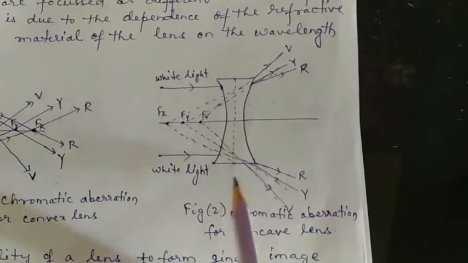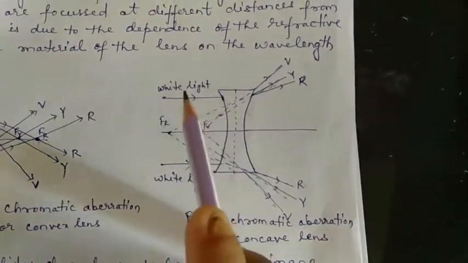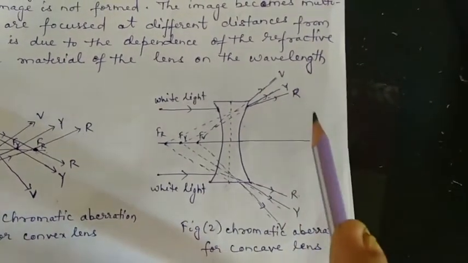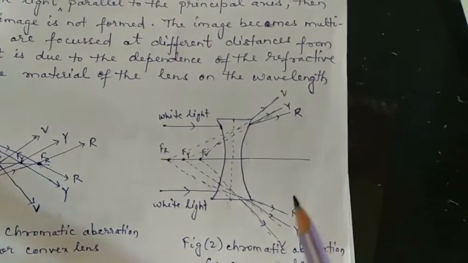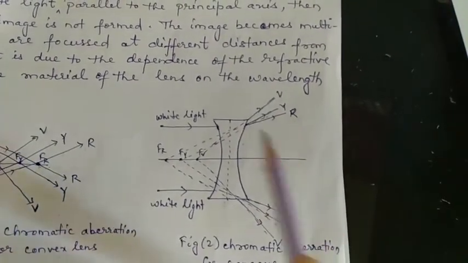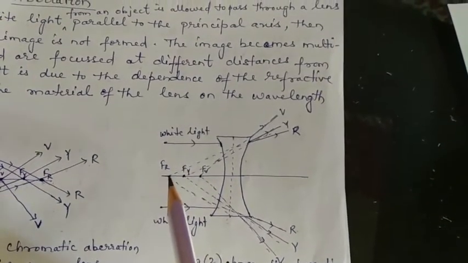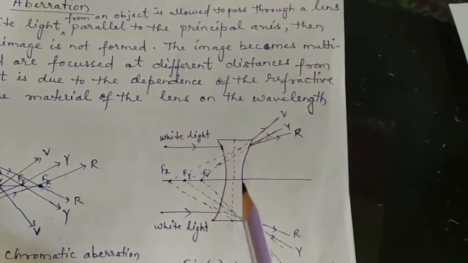This is a concave lens. This is a white light. This is the principal axis. This white light gets diverged into different colors. Violet and red are the two extreme colors. So when these colors are extended backward, they give the focus point of the particular object at different positions.